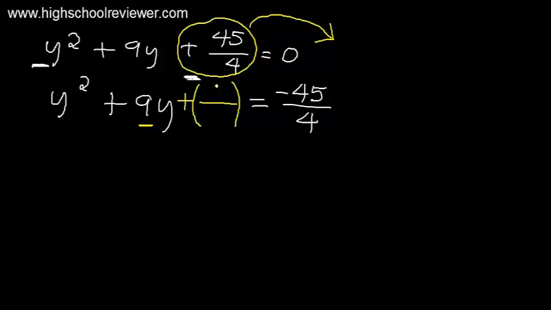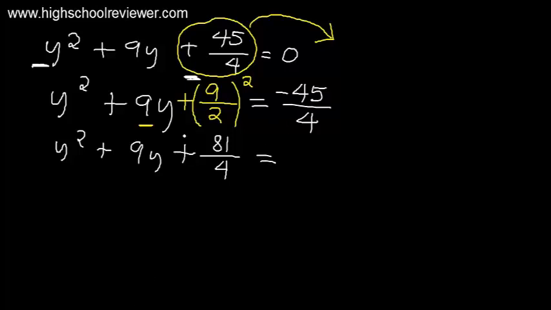So this is 9. Divide this by a constant number, and that is positive 2. And raise the term to the power of 2. So we have here y squared plus 9y plus 9 raised to the power of 2, that will be 81, and 2 raised to the power of 2 is 4.